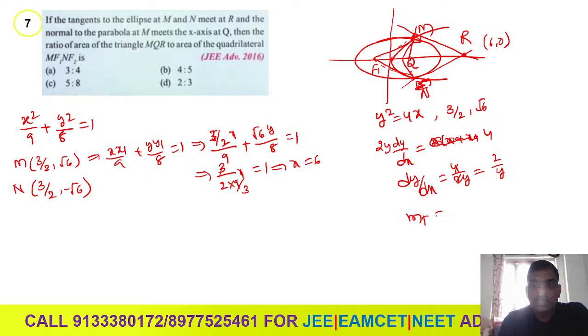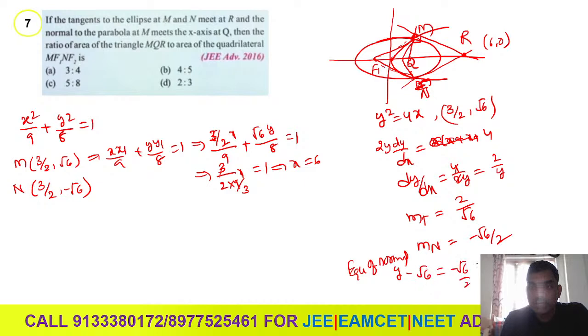Then slope of tangent is equal to 2 by square root of 6. Then slope of normal is equal to minus square root of 6 by 2. Then equation of normal is y minus y1, that is root 6, is equal to minus root 6 by 2 into x minus x1, that is 3 by 2.